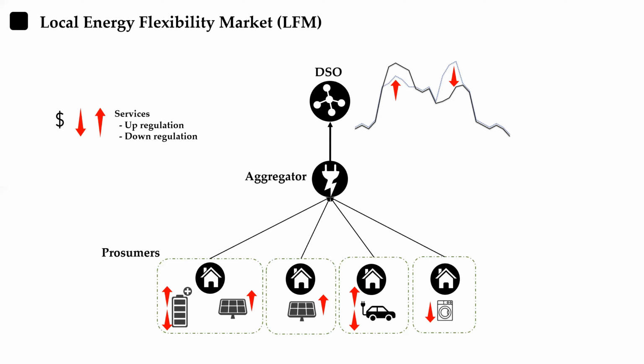Prosumers, for example, with batteries can do both: either push the supply up by feeding energy to the system, or push the demand up, effectively decreasing the supply, by charging the batteries from the grid. Electric vehicles and loads can do similar roles.